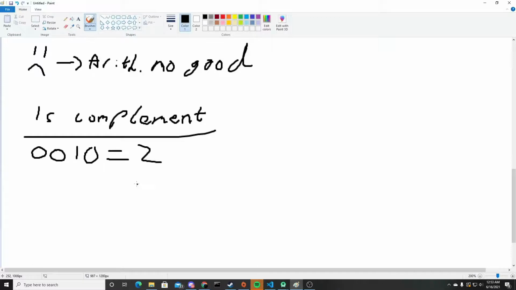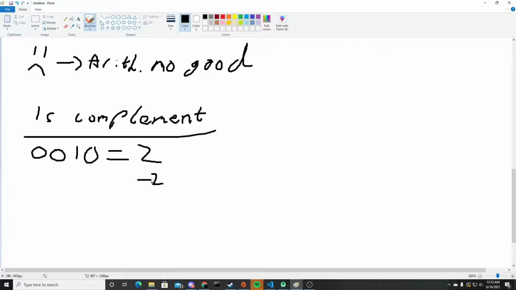So we have a 1 in our 2's place and a 0 in all the other places. If we wanted to represent -2, by the algorithm of one's complement, what we would do is flip all of the bits to be the opposite value that they currently are. Zeros would become ones, and ones would become zeros.